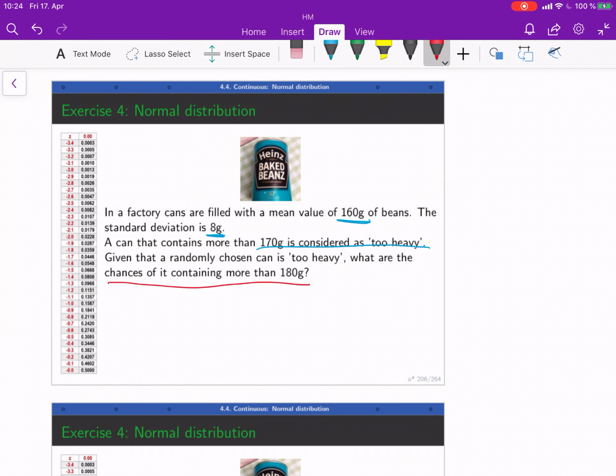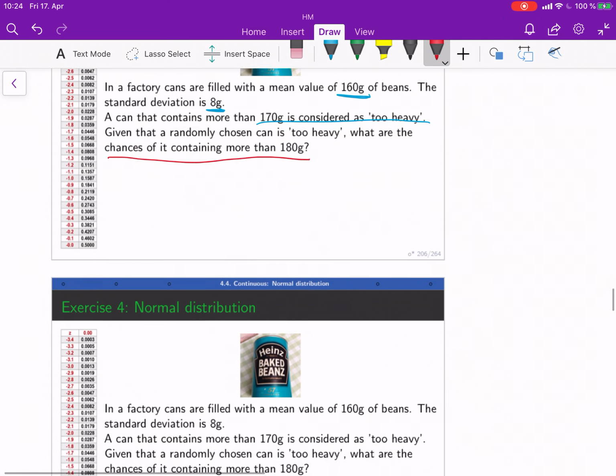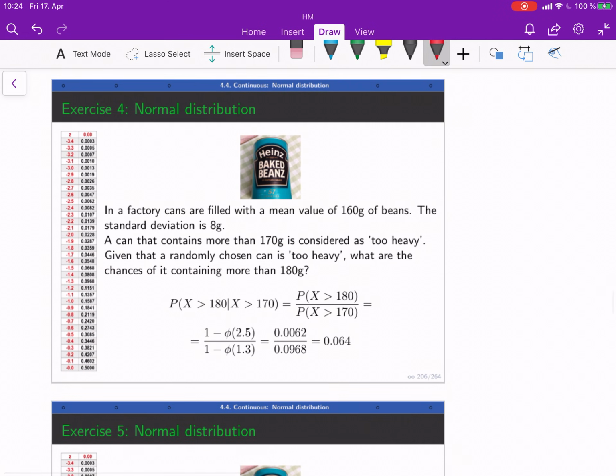Have you got it? Have you got an idea? Great. So yeah, what we need is the probability that we're above 180, given the fact that we already know we're above 170. So this conditional probability we can expand to this ratio. So probability that we're above 180 divided by probability that we're above 170.